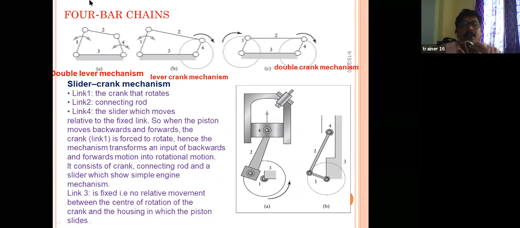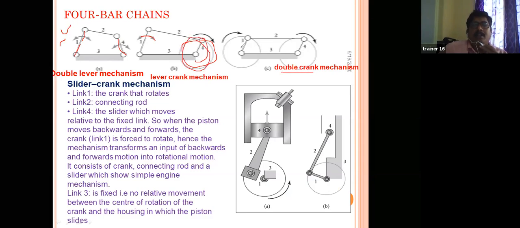This is a lever and this is a lever, and both are rotating. In a lever-crank mechanism, the lever moves in rotation whereas the crank rotates a complete 360 degrees. In a double crank mechanism, both links act as cranks and rotate.